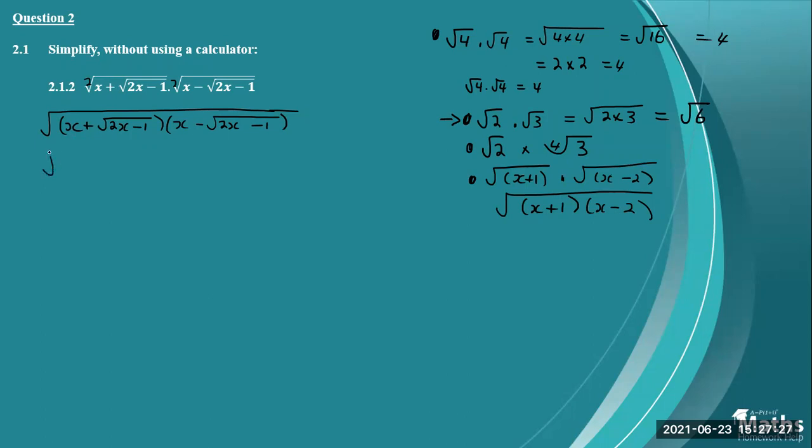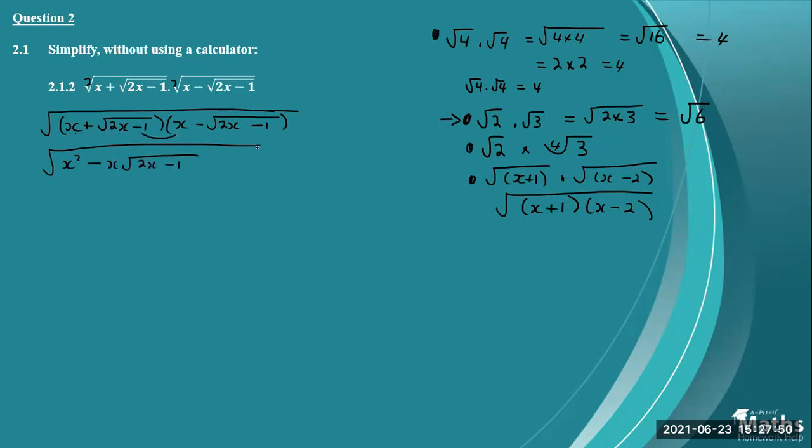Now, I'm first going to FOIL the inside. So FOIL, x times x will be x squared. You can write this down. It does become a difference between two squares, but if you didn't see it, then it's fine, you can write it down. So it's minus x times the square root of 2x minus 1.